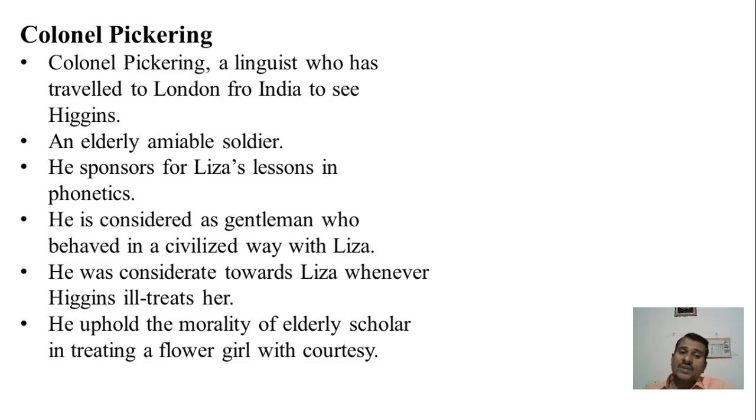He was considerate towards Lisa whenever Higgins ill-treated her. He upholds the morality of an elderly scholar in treating the flower girl with courtesy. So he is a little soft character, even though he joins with Mr. Higgins. When we analyze his character, he is considerate and courteous towards Lisa.